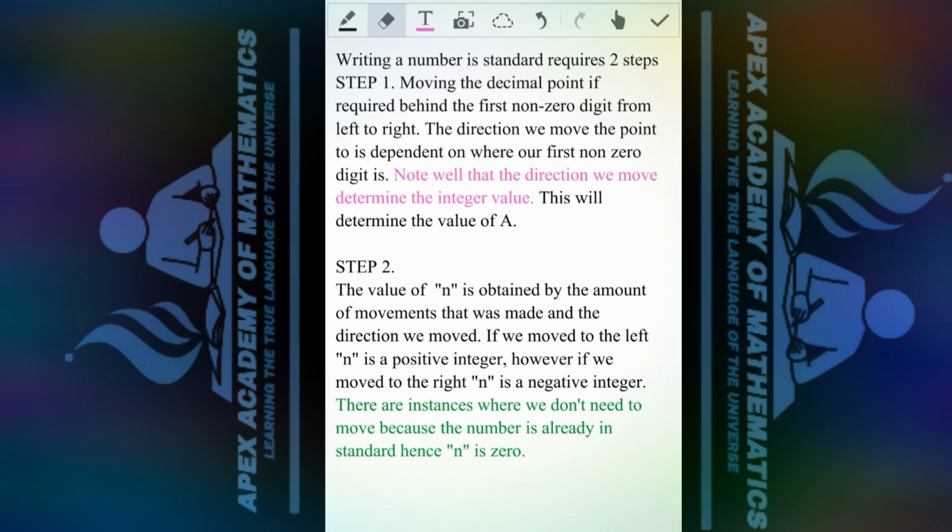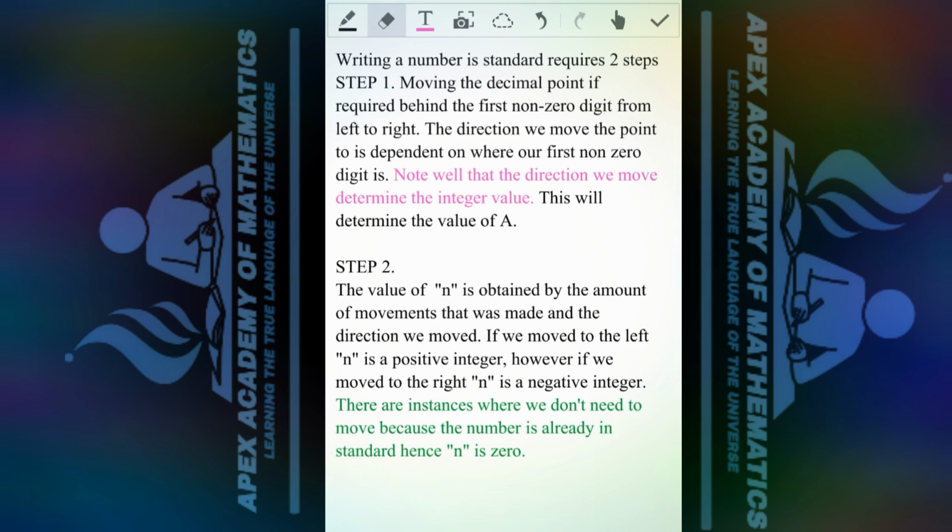So signs play an important role, as I will be explaining to you how you know if n is negative or positive and what value n will be in step 2 here. So please do not forget the direction you're moving. This is the step that will help you to determine the sign of n. All right, let's jump to step 2.